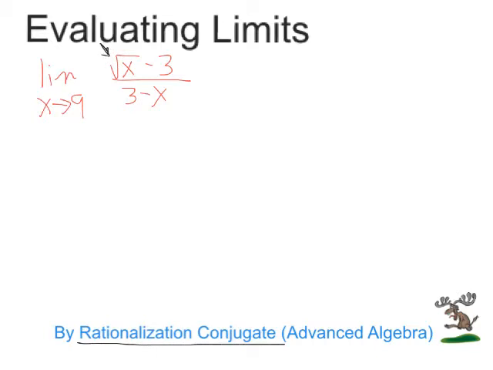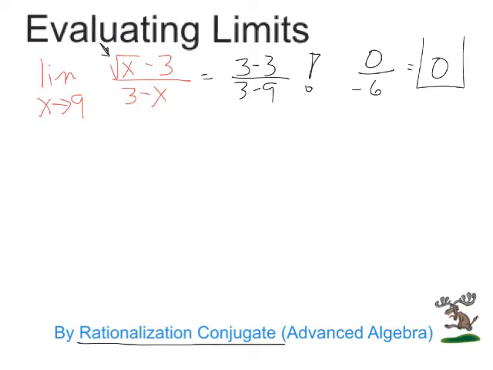So right away, of course, I'm going to try direct substitution, and direct substitution gives me 3 minus 3 over 3 minus 9, and lo and behold, that actually is an answer, 0 over negative 6, which is 0. Boom, we're done. Direct substitution works for us. Don't forget, direct substitution works some of the time.